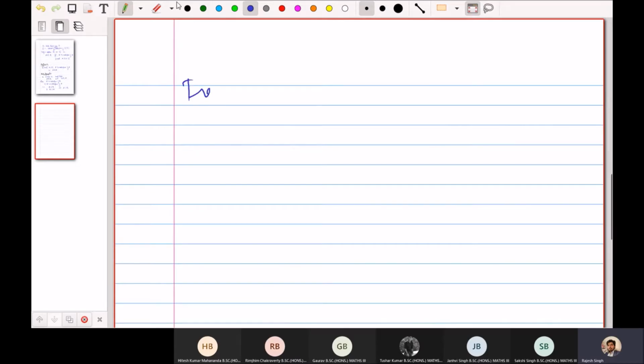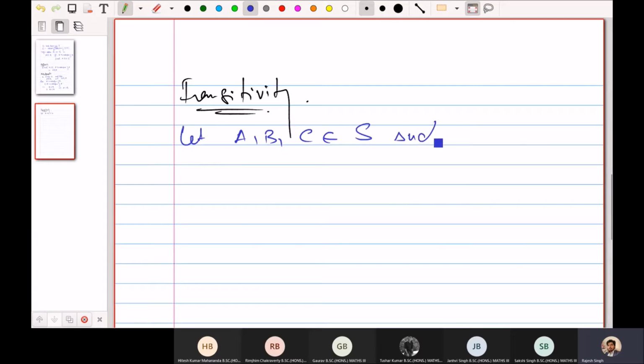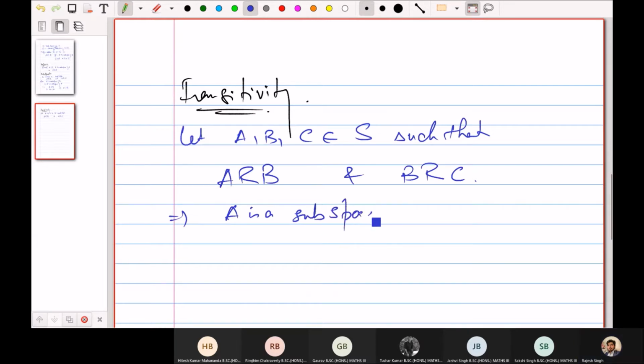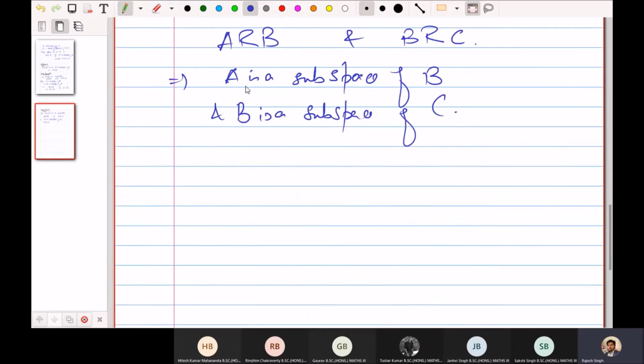Then transitivity. Let A, B, C belong to S such that A is related to B and B is related to C. So this implies A is a subspace of B and B is a subspace of C. Since A is a subspace of B and B is a subspace of C, A will be a subspace of C. This is a property of subspaces, right?